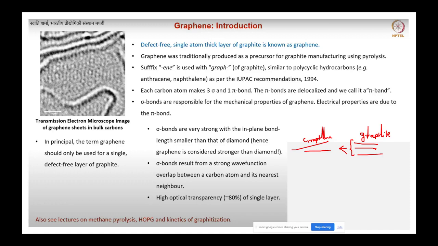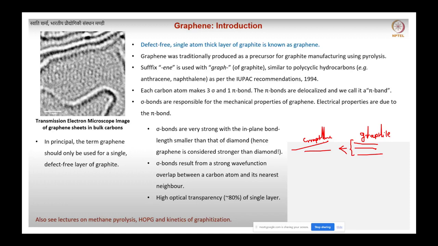Here the suffix -ene is used with graph from graphite, similar to polycyclic hydrocarbons, for example anthracene and naphthalene, as per the IUPAC recommendation.